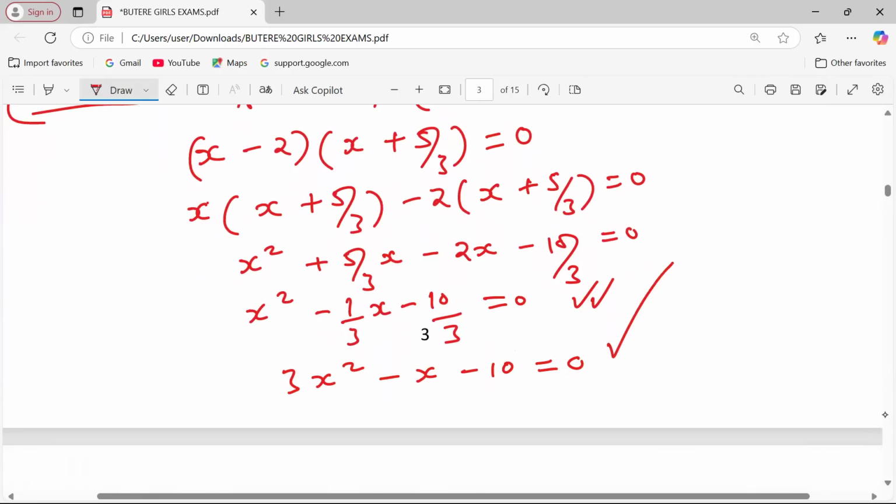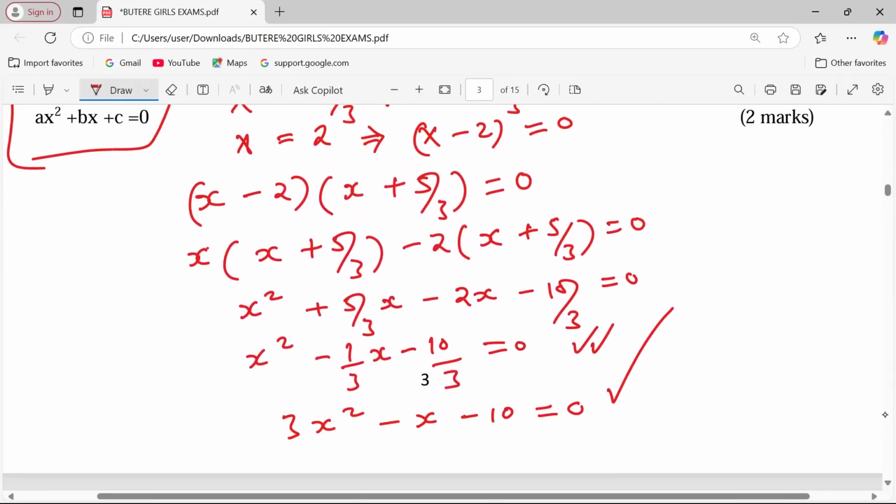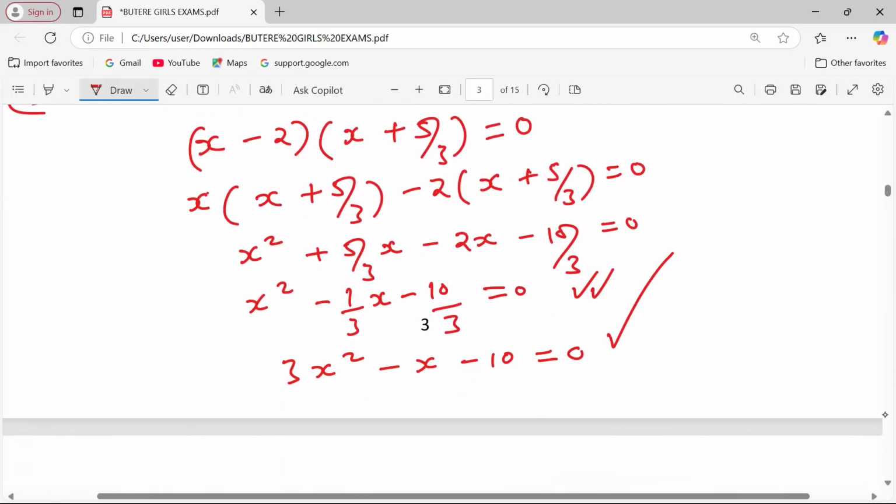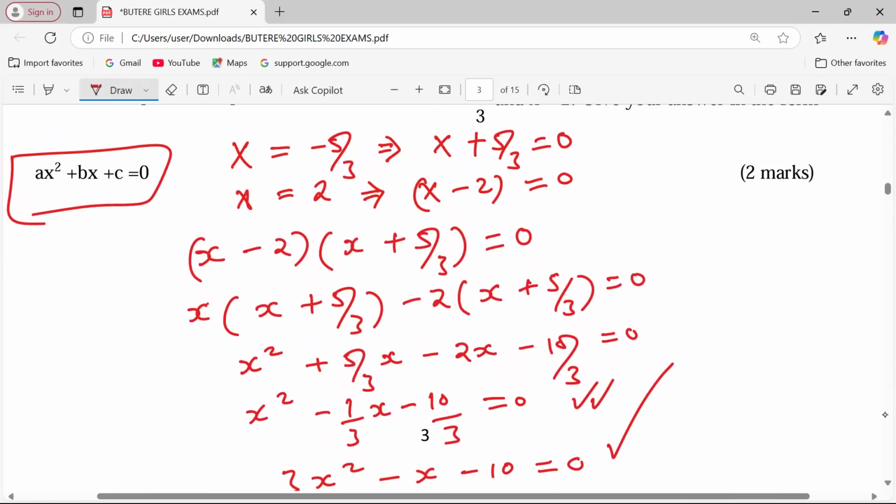Now this is more final than what we are having previously. And actually, this would be correct if after these instructions, you are told where a, b, and c are integers.